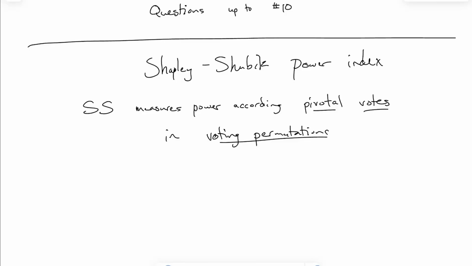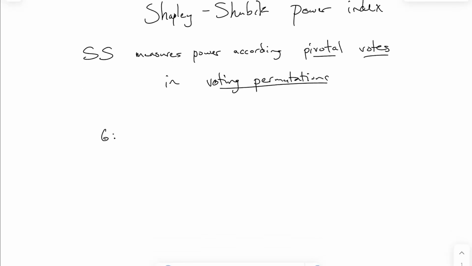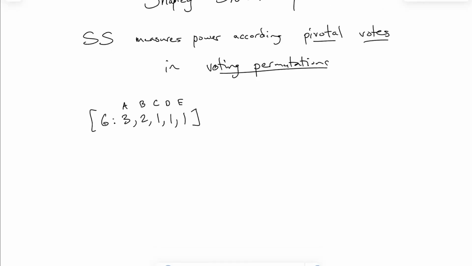So here's the very basic idea. If I have a weighted scenario like that, let's say I have 5 different voters, and the quota is 6. And we're going to give names to them. I'm always just going to call them A, B, C, whatever. So let's say our 5 voters are A, B, C, D, and E. And we consider voting permutations.